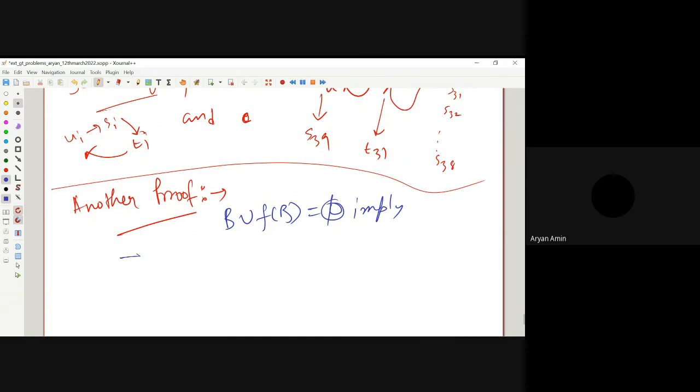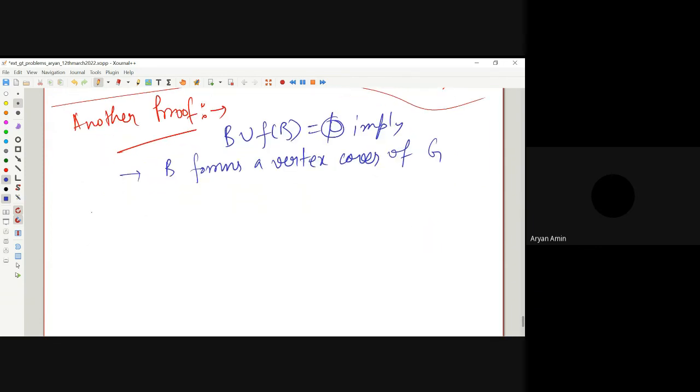This basically tells you that B forms a vertex cover. We defined vertex cover in the last section: any set such that all the edges of the graph are incident to at least one vertex in the set. So B forms a vertex cover of G, the digraph induced by the function f.